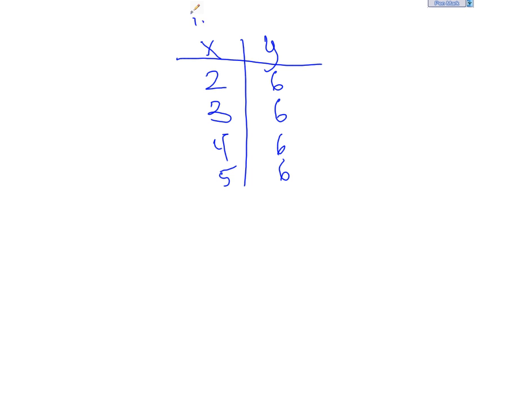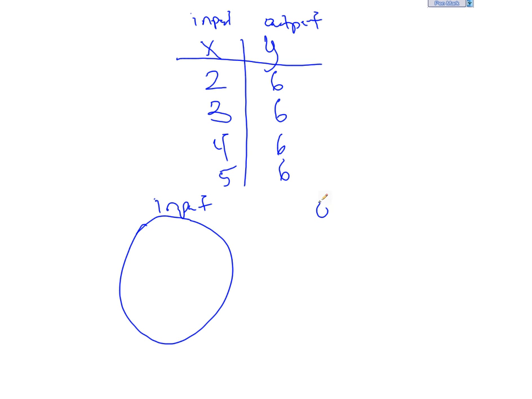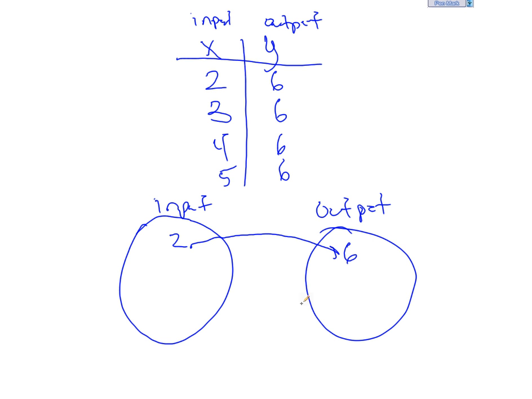If this is the input and this is the output, then each number in here can only correspond to one number on this side. So let's pick an input of 2. What's the output for an input of 2? Well, the output for an input of 2, so a 2 over here, only maps over to a 6 over here. So that input only has one output.